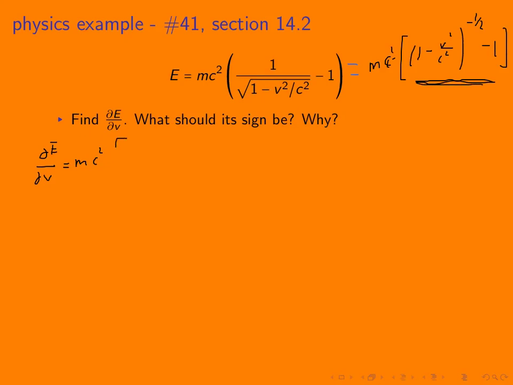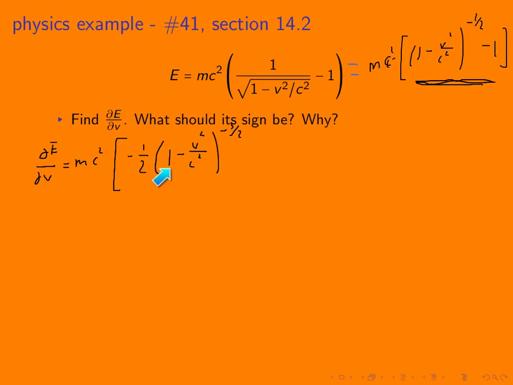Okay, so let's take the derivative of the first piece. There's going to be a chain rule since the v is buried inside. So I'm differentiating with respect to v. I get minus 1/2 times the stuff inside, 1 minus v squared over c squared. Decrease the exponent by 1, so we get minus 3/2, times the derivative of the inside.